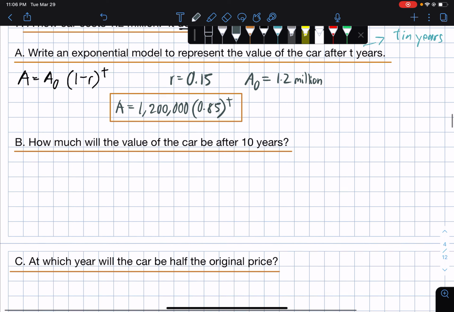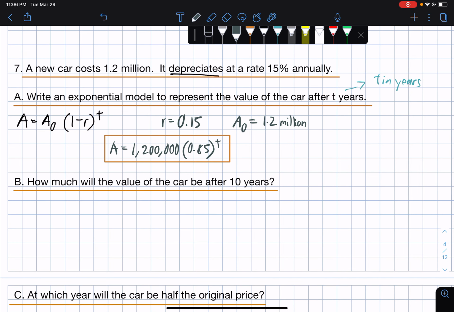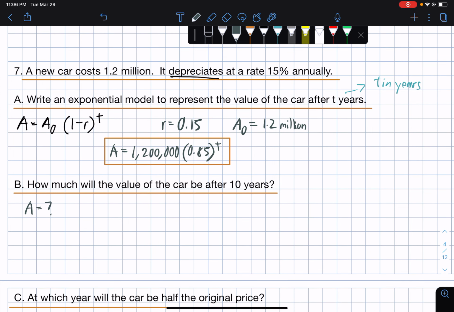Alright, let's move on to letter B. How much will the value of the car be after 10 years? So the question asks for the final value of the car, or how much it will be after 10 years, provided t is equal to 10 years.